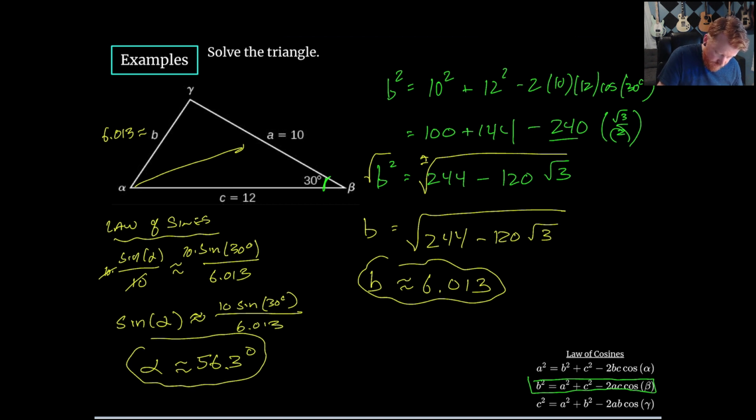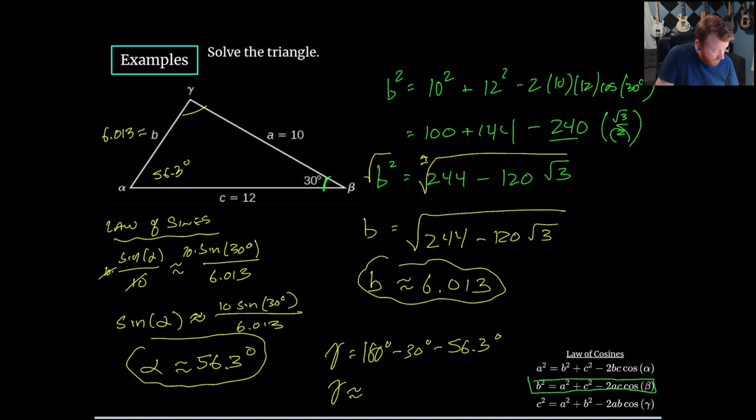So alpha, label it in here, it's going to be 56.3 degrees. The last thing we need to find is gamma. We know that all triangles have 180 degrees in them. We know that one of them is 30 degrees. We just found that the other one is about 56.3 degrees. So putting that all together, we will get that gamma is about 93.7 degrees.